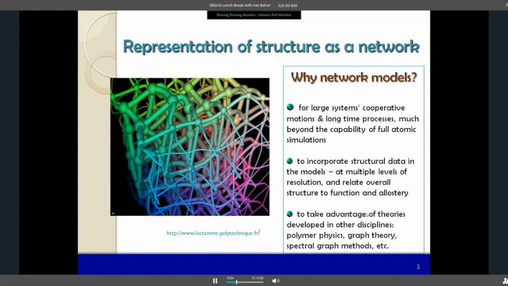And finally, we can take advantage of the theories that have been developed in other disciplines, like polymer physics theory. In fact, my background is polymer physics and engineering, so I've been using that background to introduce the elastic network models for proteins about two decades ago, in 1997, the first paper.